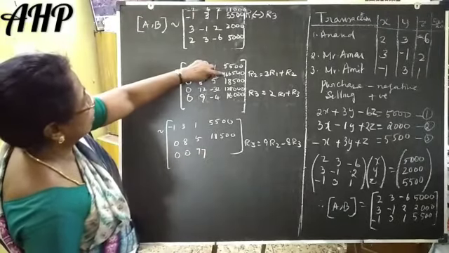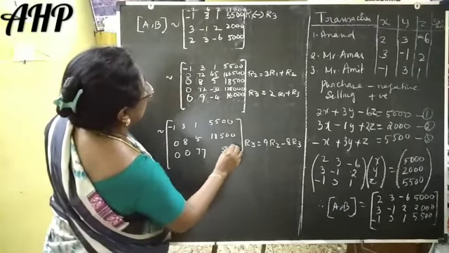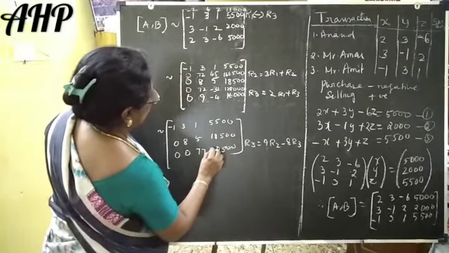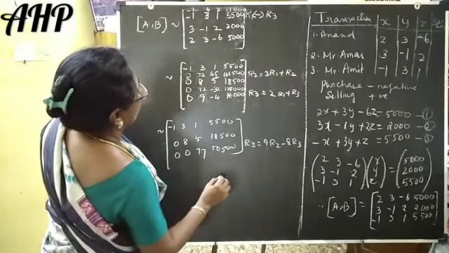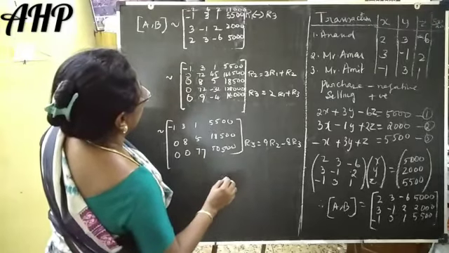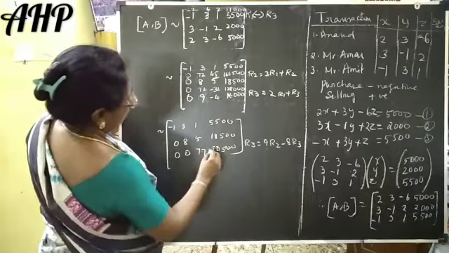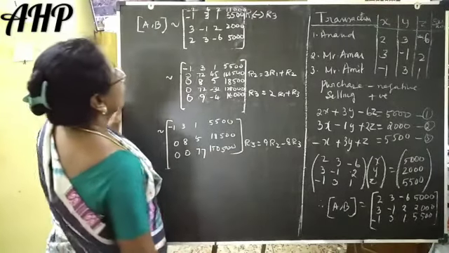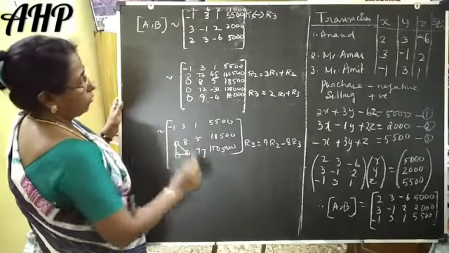Then the right side gives 38,500. So this is in echelon form.